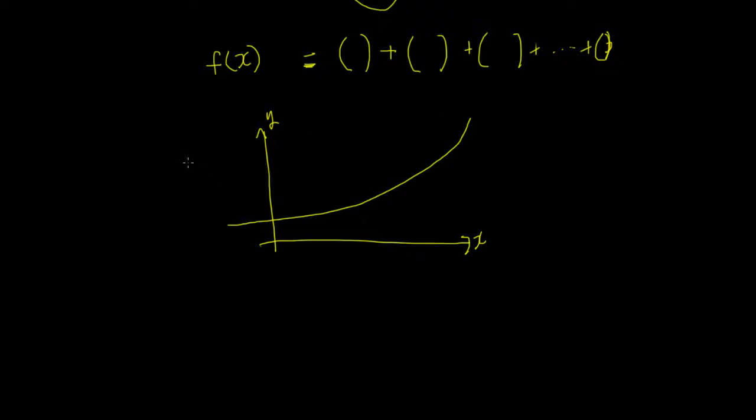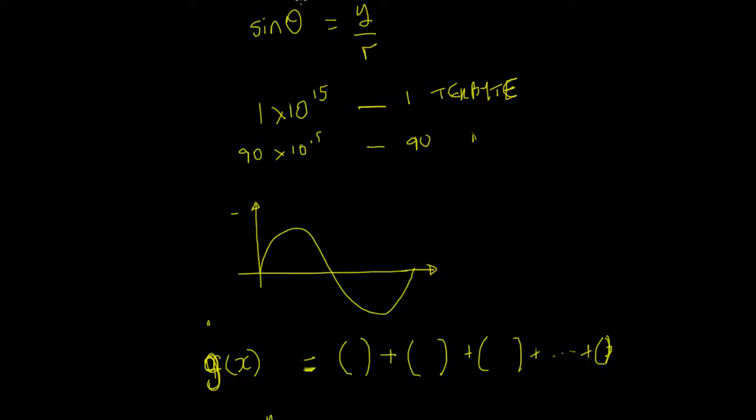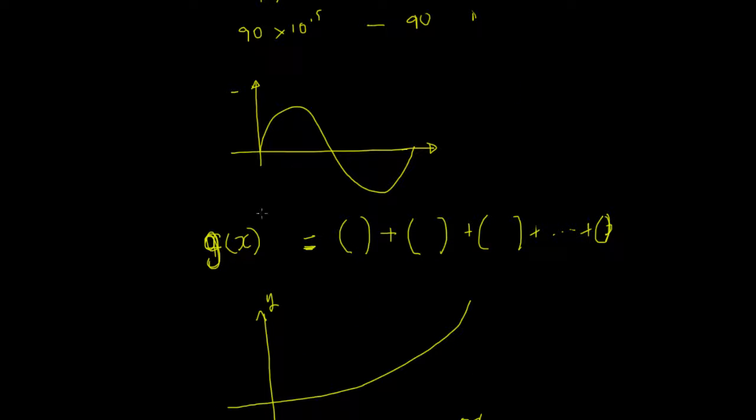Now we've got a function f of x here, which we're trying to approximate using another function. That's the new function, the function that we're using to approximate the function f of x.